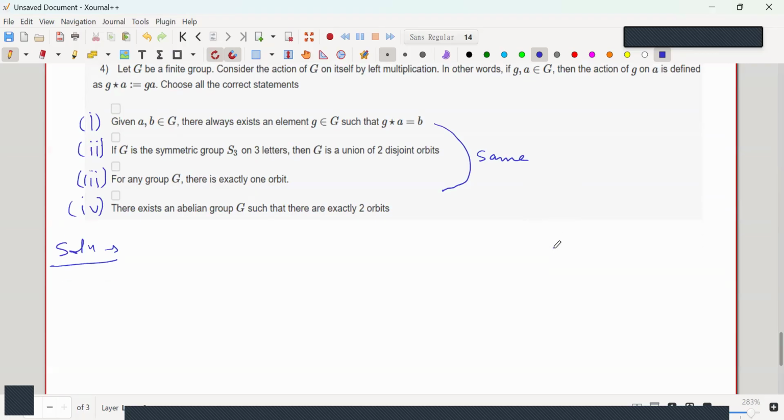So how to prove the first one? Pick g such that g equals b a inverse.